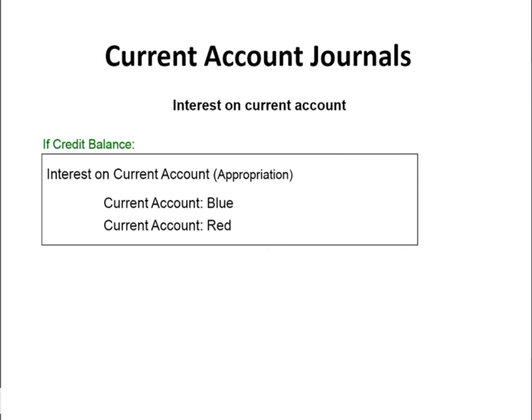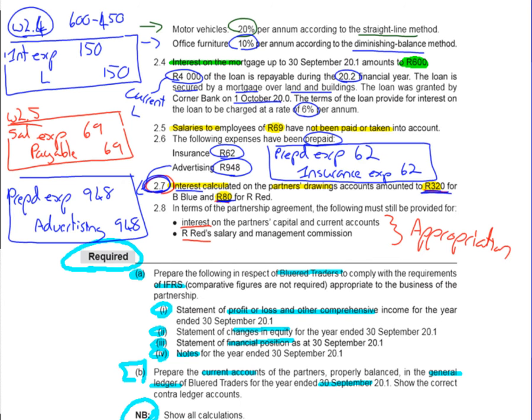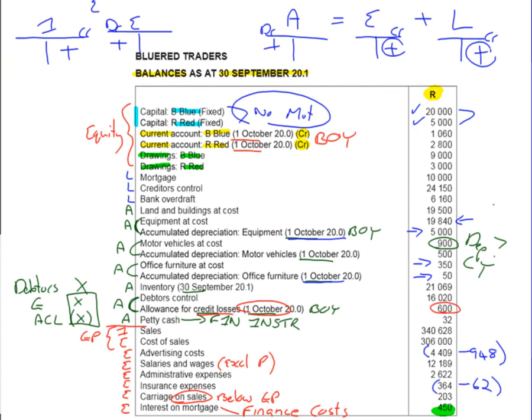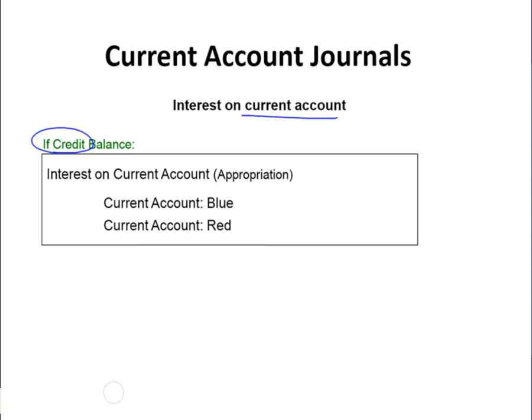Next up, interest on the current accounts. Both of ours, we were lucky we're in a credit balance, so that will be nice and easy. Here we will go back and look at the current account balances. Let's go to our trial balance, and the current account balances for blue, 1,060 and 2,800 for red at the beginning of the year. To do our calculations, both were at 5%, exactly the same as the capital account in this question.